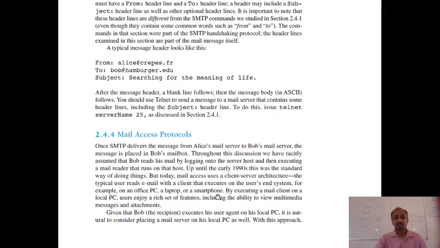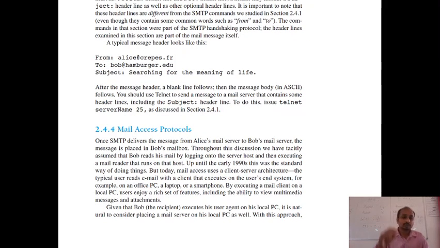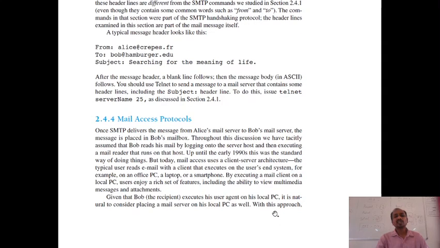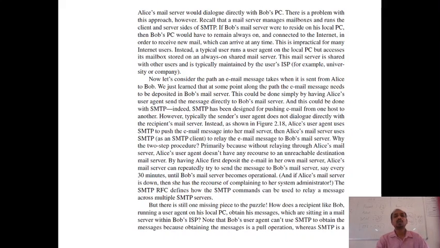When Bob executes his user agent on his local PC, it is natural to consider placing a mail server on his local PC as well. It is something like this: I have the PC, I open my mailbox, and my mailbox is connected to the mail server.